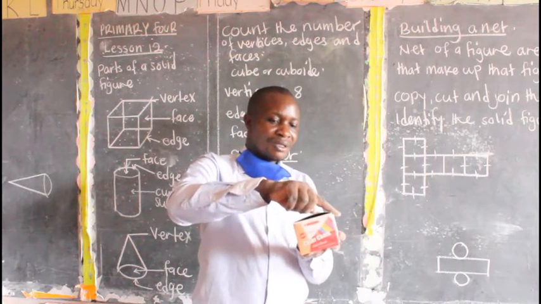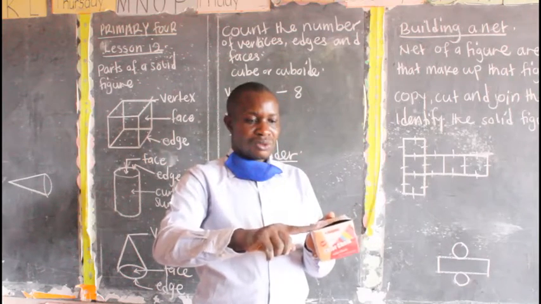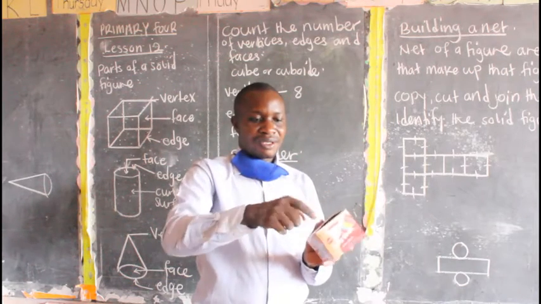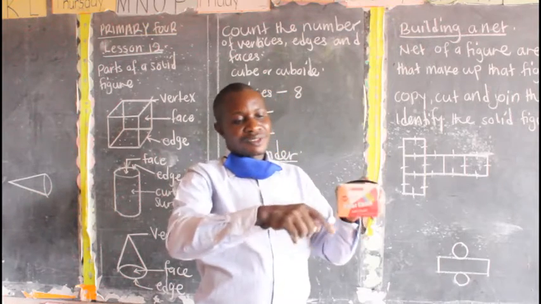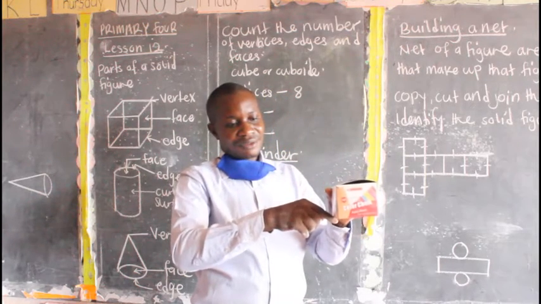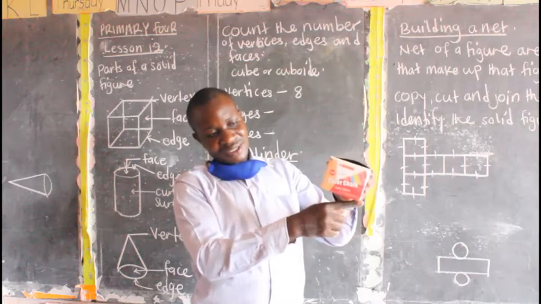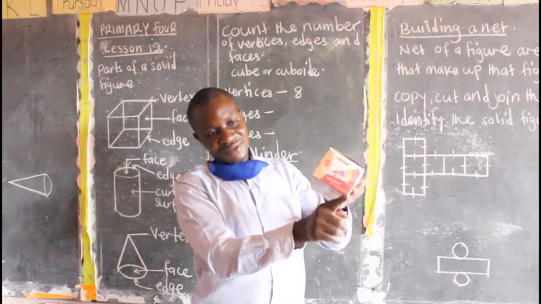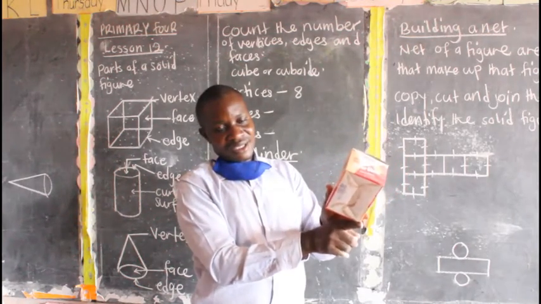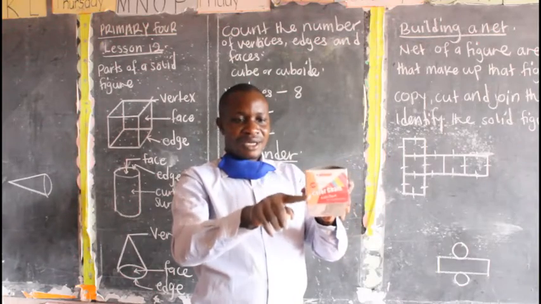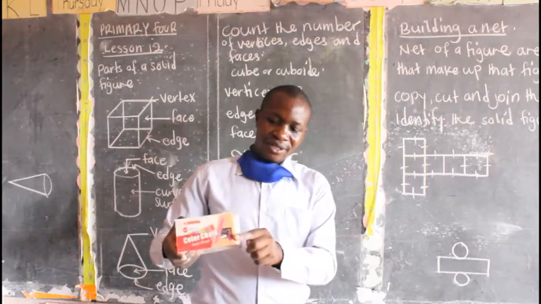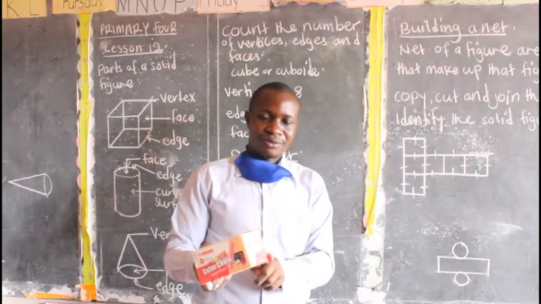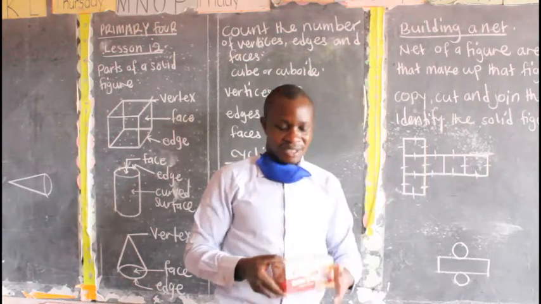This is it. 1, 2, 3, and 4, 5, 6, 7, 8. Then 9, 10, 11, 12. So there are 12 edges.